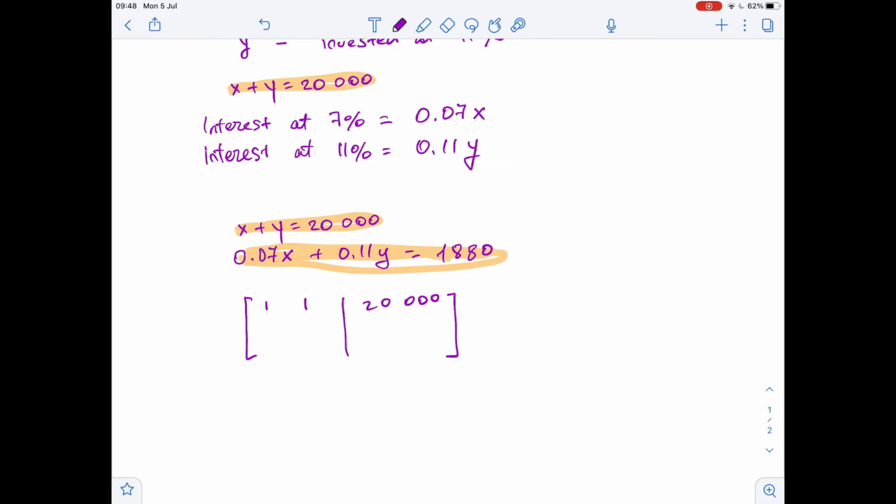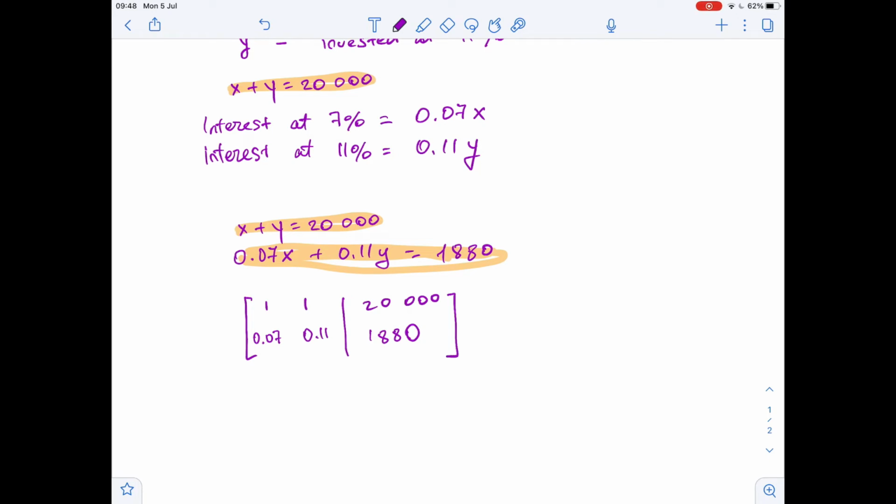So the coefficients in our first equation are 1 and 1, and the constant is 20,000. The coefficients in our second equation are 0.07 and 0.11, and the constant is 1,880.